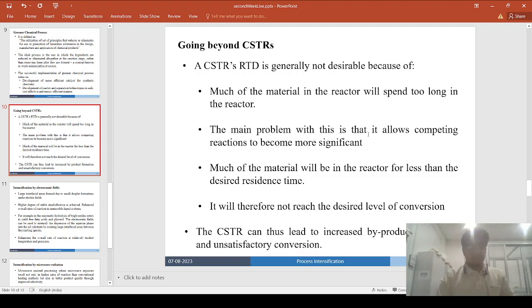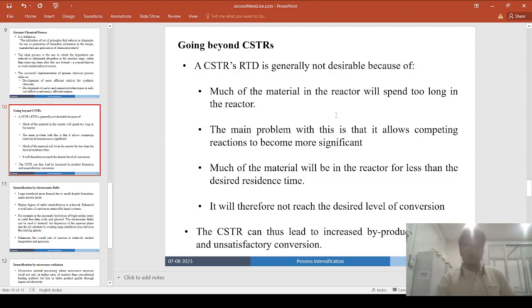The CSTR was used in conventional chemical process industries, but these are not favored as of now, and they should not be favored even in the future, as better and better types of reactors are coming around. So we should go beyond, and as chemical engineers, we should design systems thinking beyond the CSTRs.